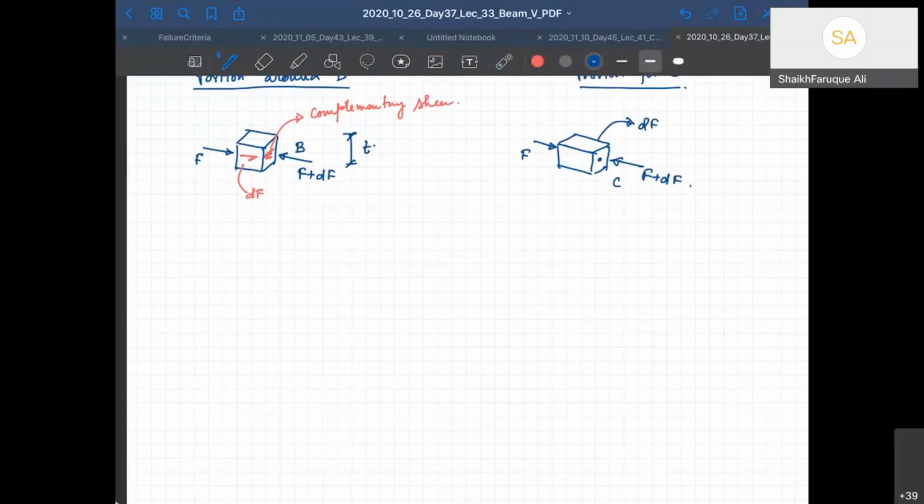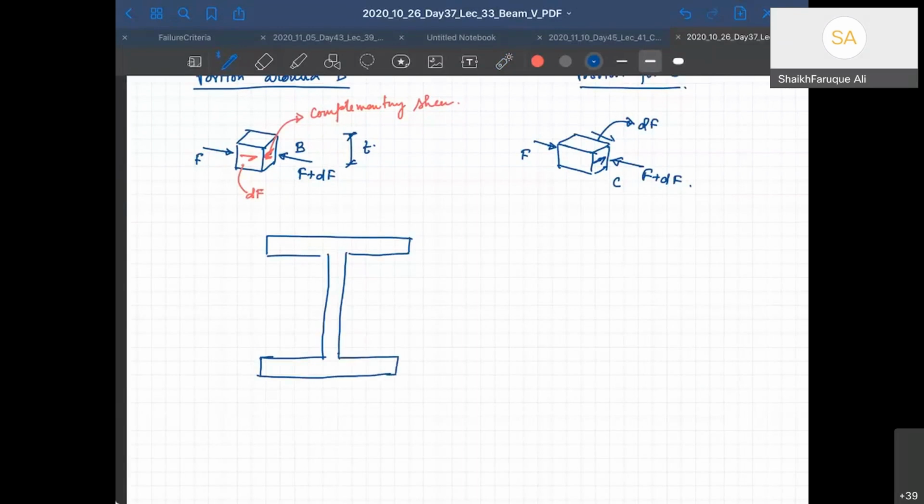Okay, and since that is also going to look like this, there will be one shear that will act like this here. So if I draw the I section, this is point C, this is point B. So in C, it looks like this, and in B, it looks like this.